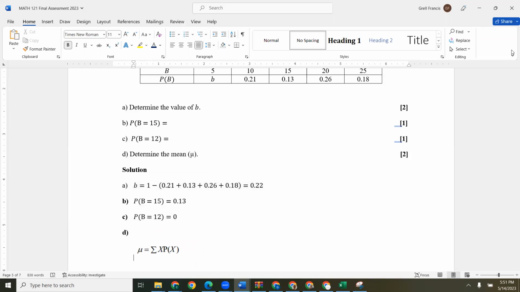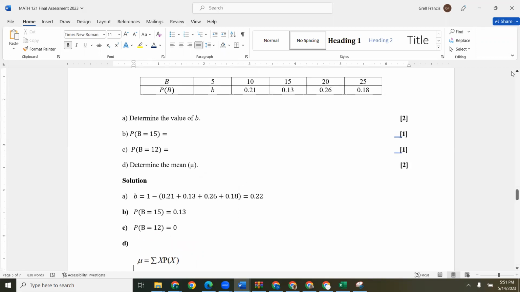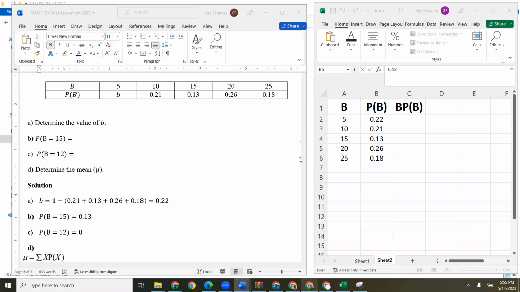Now, we can use Excel to help us do that because we've got to multiply and then add. So here we have transferred the data into an Excel spreadsheet. Here you have the values of the random variable from 5 to 25 and their corresponding probability values.